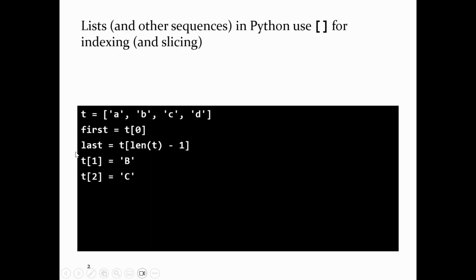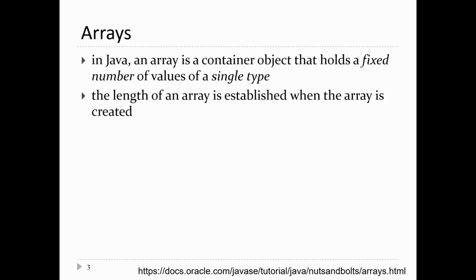The problem is Java arrays aren't the exact same thing as Python lists. Remember, with a Python list, you can add stuff to the end by appending elements. You can remove elements from anywhere in the list, and you can insert anywhere into the list using an appropriate function. That's not true with a Java array.